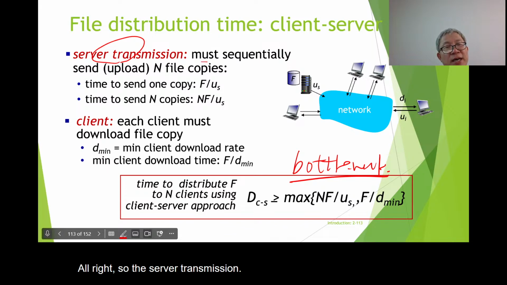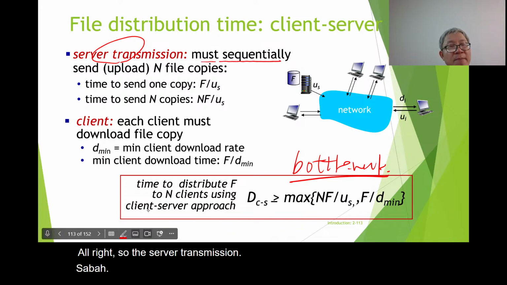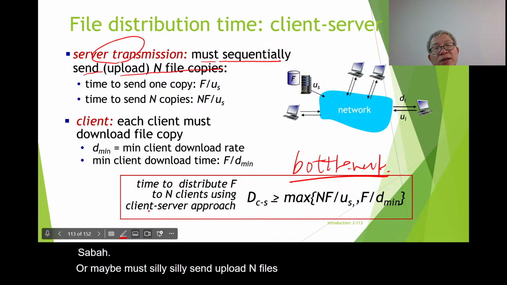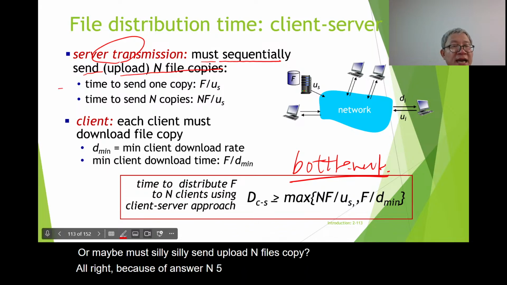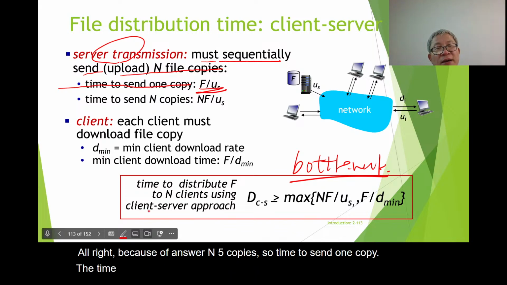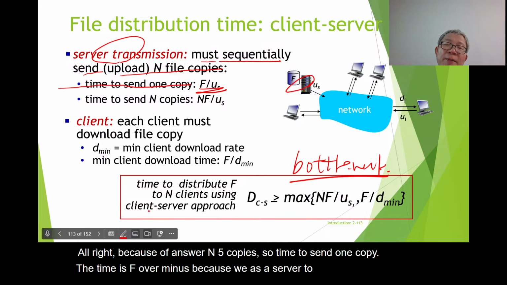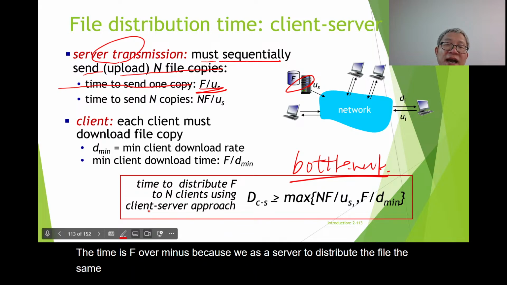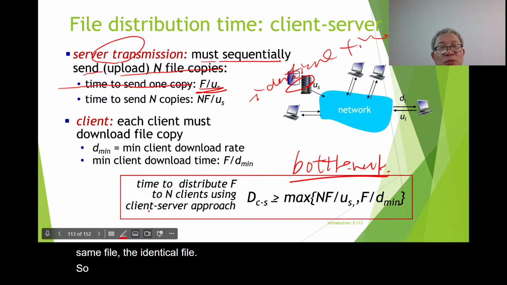The server must sequentially send, upload, N file copies. The time to send one copy is F over u_s, because we ask the server to distribute the same, identical file to N peers, so we need to send N copies, so NF over u_s.